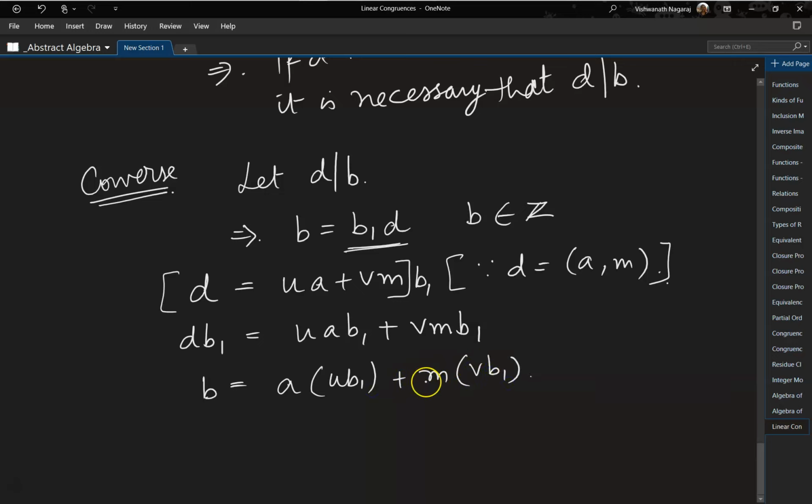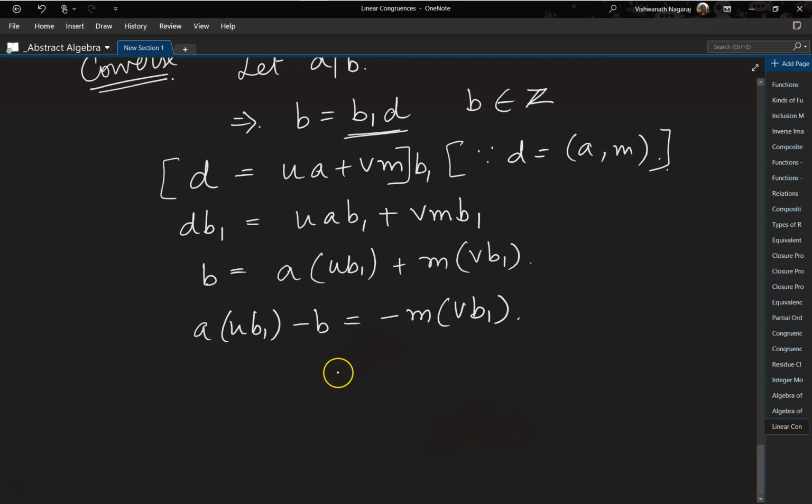Okay, now let's keep M on one side. So we'll end up with AUB1 minus B is equal to minus MVB1.